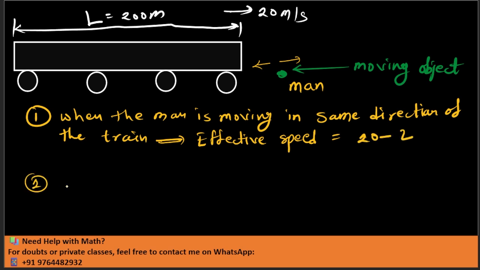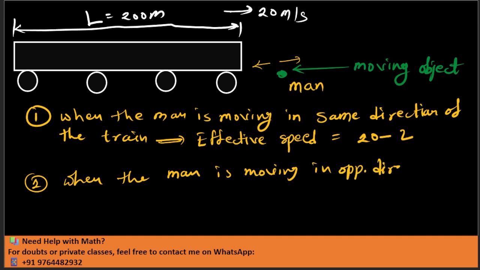And when the man is moving in opposite direction, right? So the effective speed will be, here we have to add the speed.